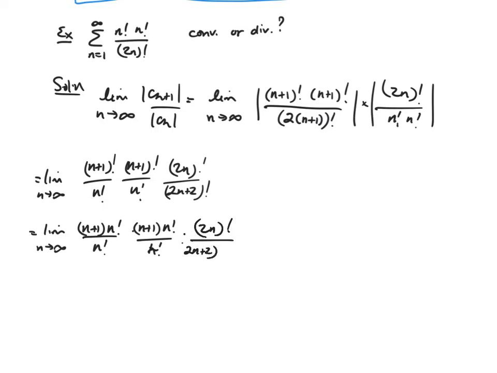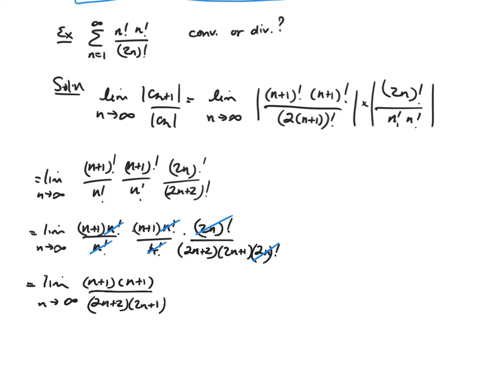Start pulling off terms, (2n+2), (2n+1), until you get to the other factorial. Now that's gone, and that's gone, as are these two, and I'm left with (n+1) over (2n+2)(2n+1).